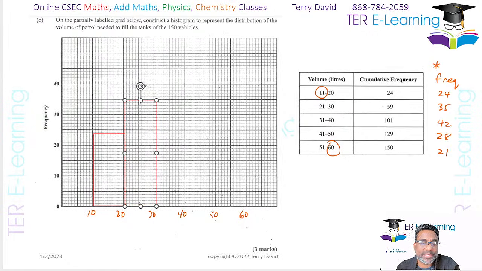So this is what we call a histogram. The bars are joined to each other, and to get the size of each one we're using the class boundaries.